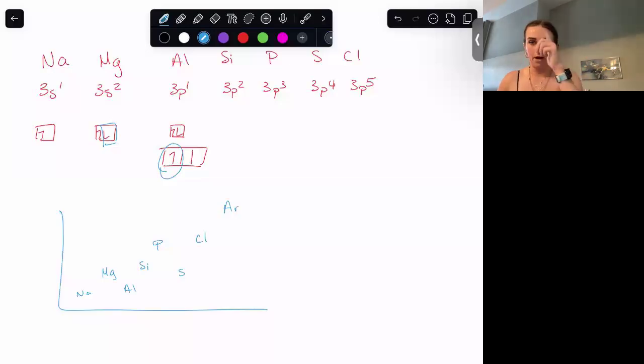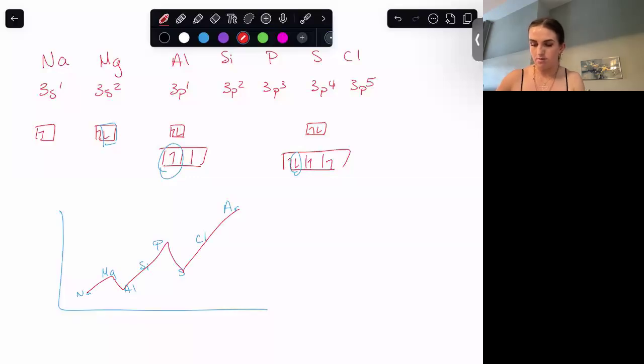It goes down, up, because at sulfur, that paired electron here can easily be removed to allow for 3 unpaired electrons rather than 2 unpaired and 1 paired. So it drops down. So your trend is like a zigzag that way. So overall, same trend as it goes up as you go across the periodic table, but just know that there's slight nuances across.